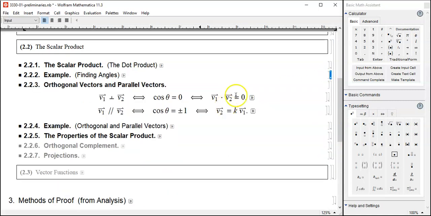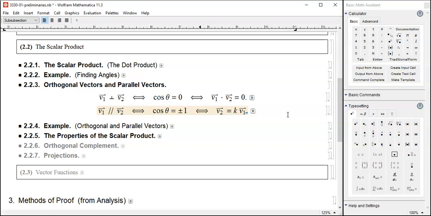Here's a little bit more general case. Whenever the dot product is equal to 0, we have perpendicular vectors or orthogonal vectors. That's another term. And then parallel vectors, that's when cosine of theta is plus or minus 1. Plus 1, same direction. Minus 1, opposite direction.